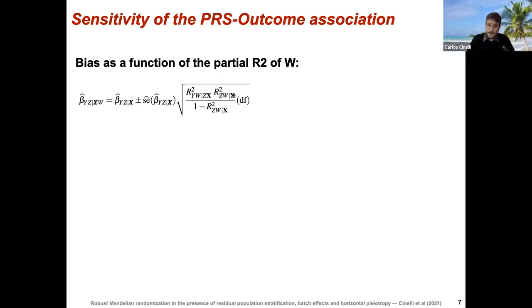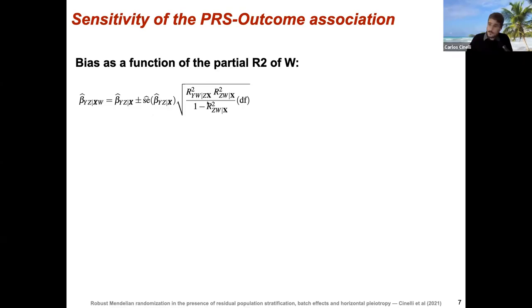Okay, so this fully characterizes the bias. We only need to know the explanatory power of W in explaining both the outcome trait and the genetic instrument. Moreover, if W is actually a multivariate vector, so it's a vector of confounders or pleiotropy effects, then we just replace this with less than or equal to.